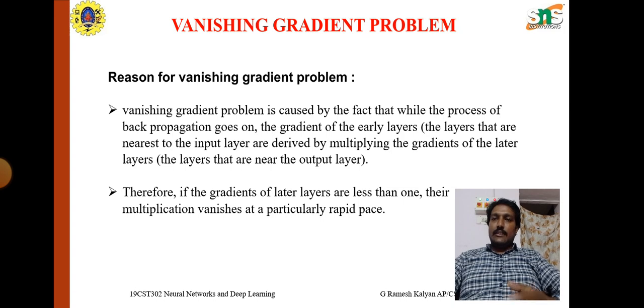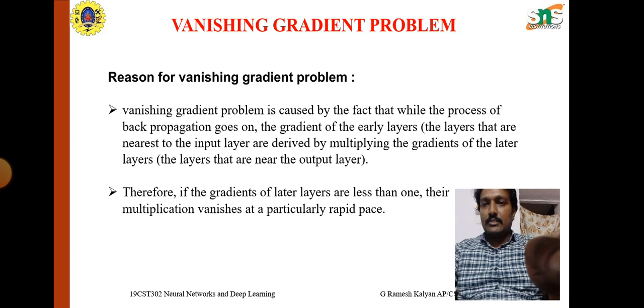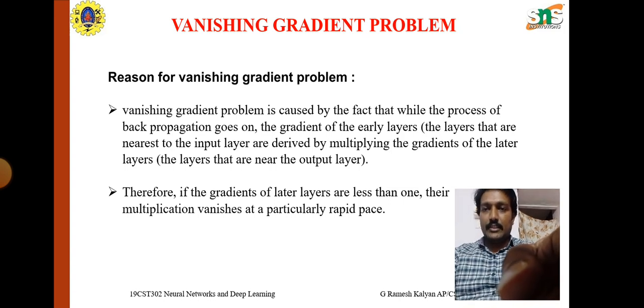So what is the reason for vanishing gradient problem? The vanishing gradient problem is caused by the fact that, as the process of backpropagation goes on, the gradients of the early layers, that is the layers nearest to the input layer, are derived by multiplying the gradients of the later layers, the layers near the output layer.